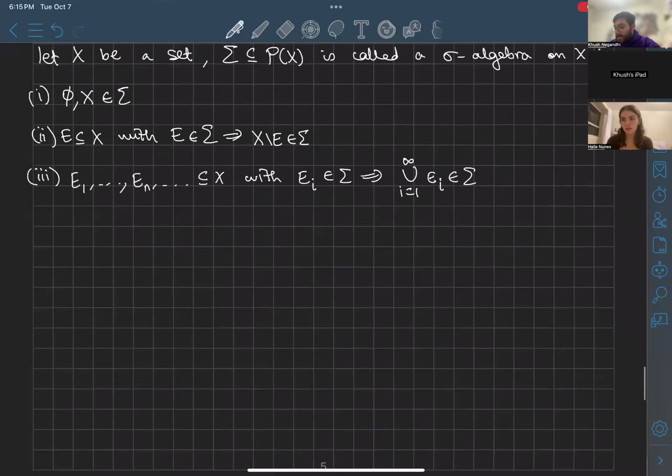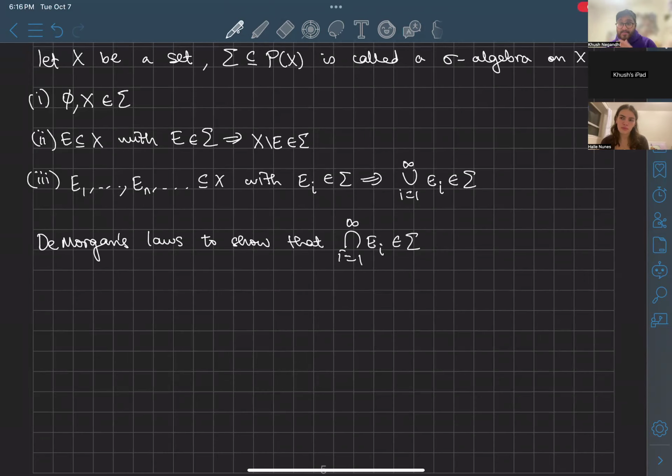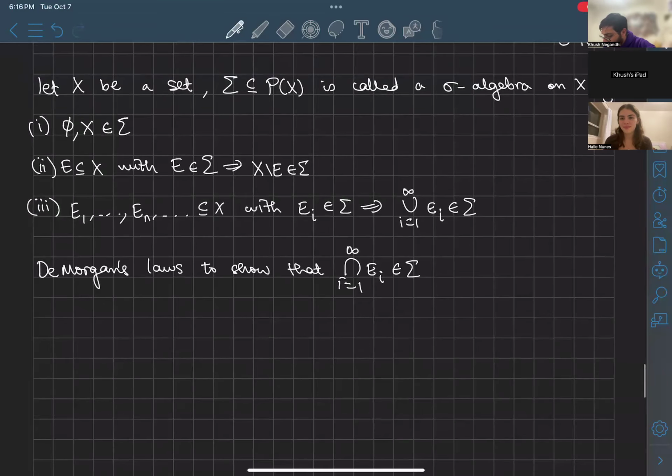Okay. Now you can use De Morgan's laws to show that the intersection is in sigma. Okay. Because the complement of the union is the intersection of the complement. So you can show that.